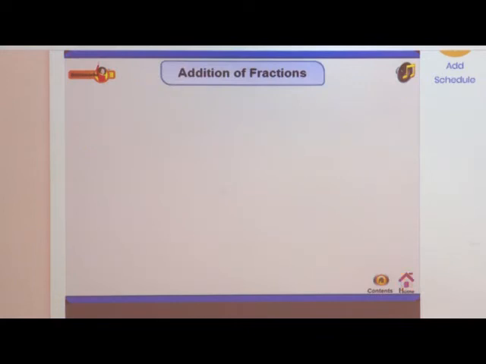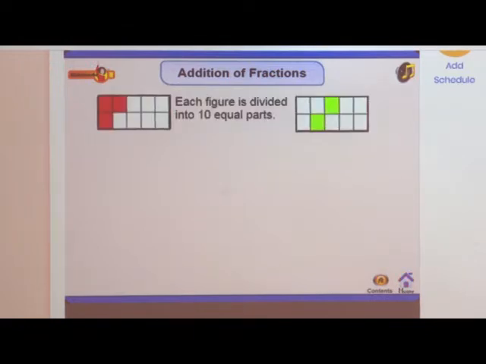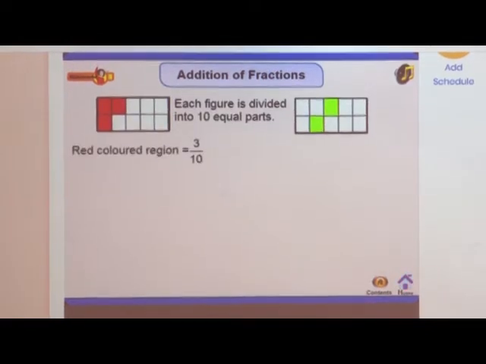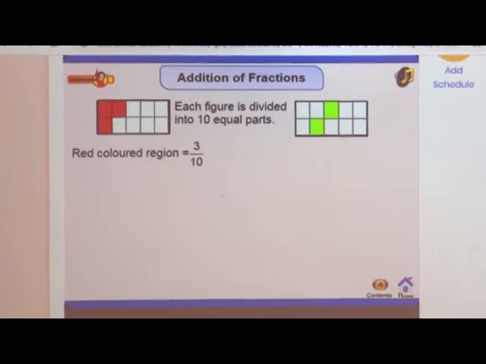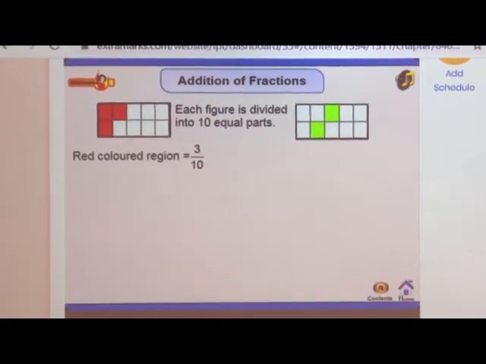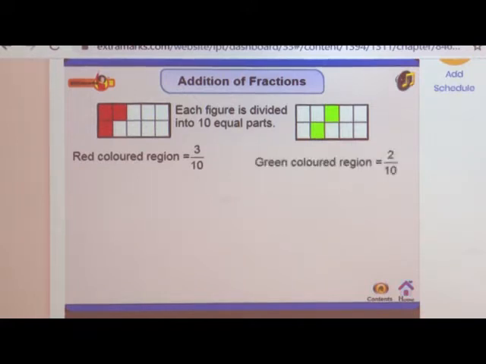Now, let us recall the addition of fractions. Look at these 2 figures. Here, the red-colored region can be expressed as 3 by 10, and the green-colored region can be expressed as 2 by 10. Now, we will add them together.